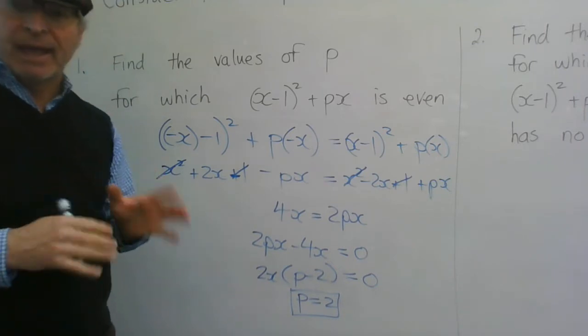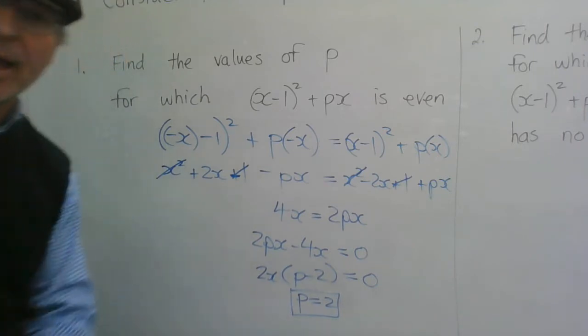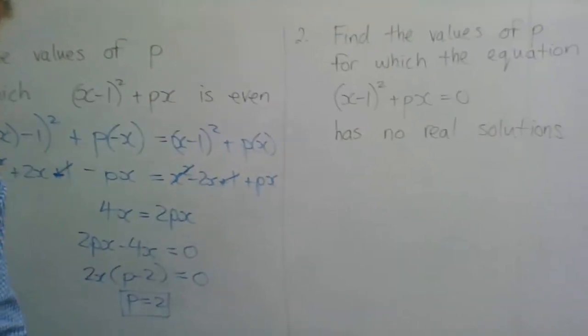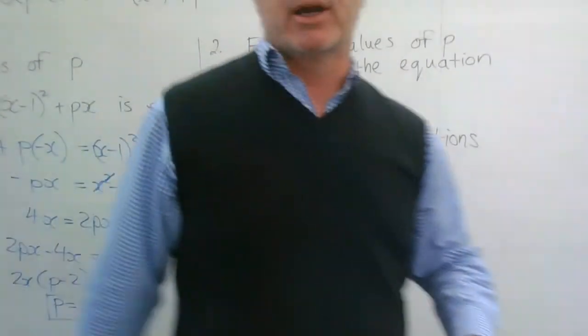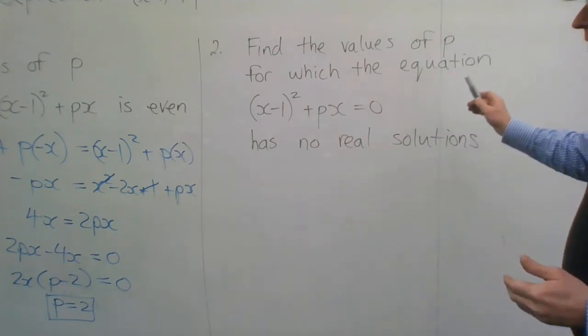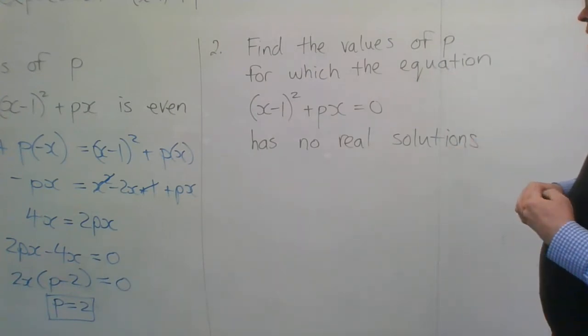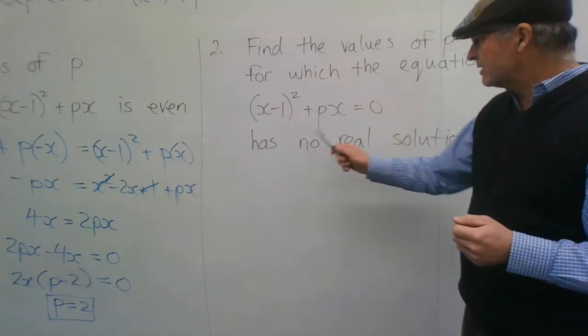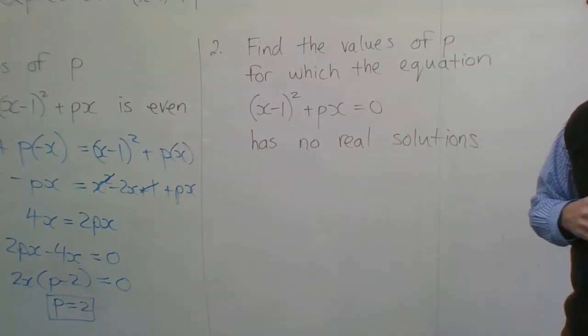We might look at it again when we check out that picture that I had from Desmos. But let's just have a look at another question which we can also get from this situation. Find the values of p for which the equation has no real solutions.